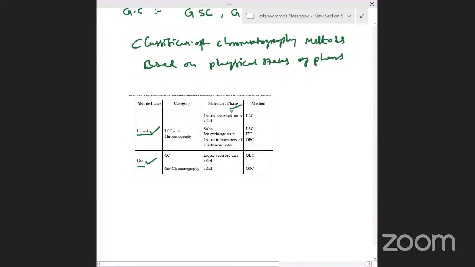Stationary phases. Whenever the mobile phase is a liquid, the stationary phase may be a liquid adsorbed on a solid surface, or directly a solid, or an ion exchange resin. Ion exchange resin is generally used for the separation of coordinated complexes or metal ions, which are charged species. We can use it as the separating agent, the stationary phase.